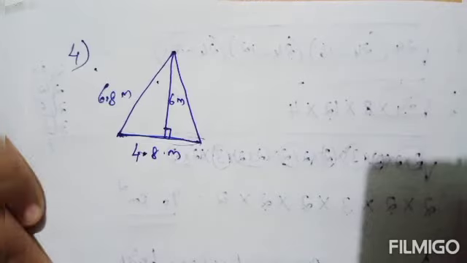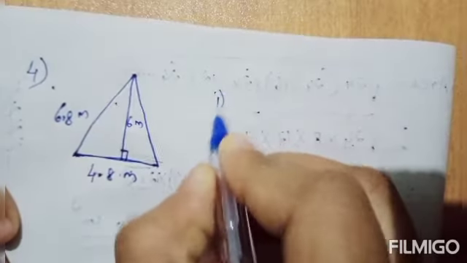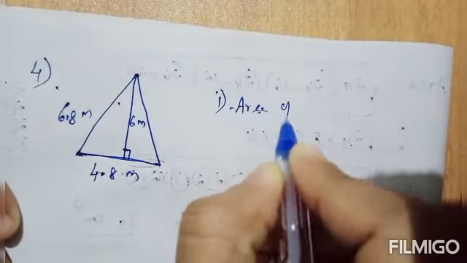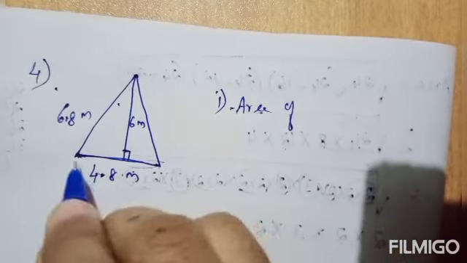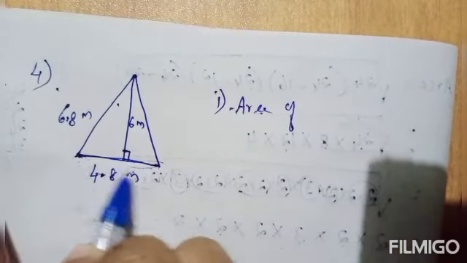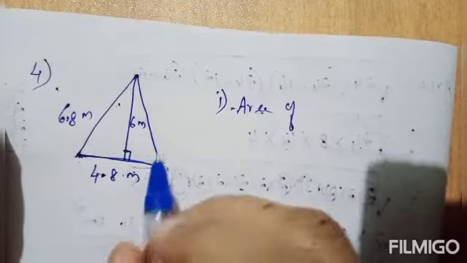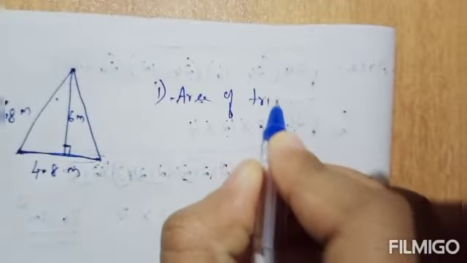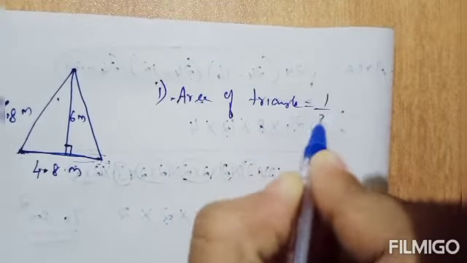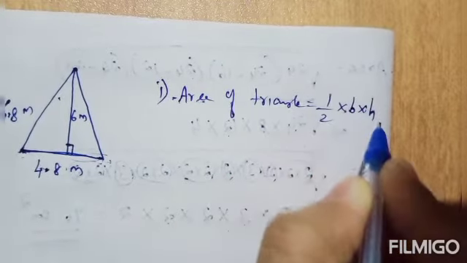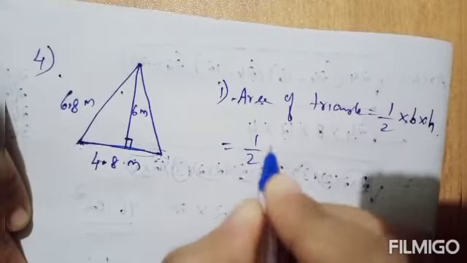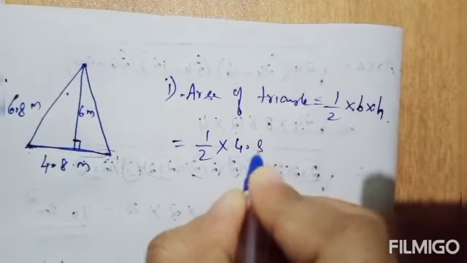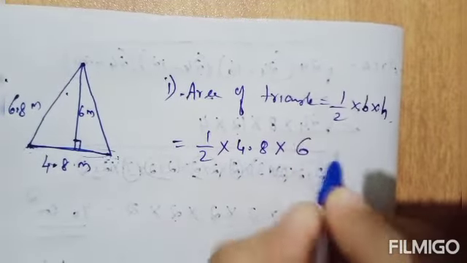You have to find the area of the triangle. Which formula can you use here? Half into base into height. You can take the base as 4.8 meter and the height as 6 meter. So area of triangle equals half into base into height, that is half into 4.8 into 6.